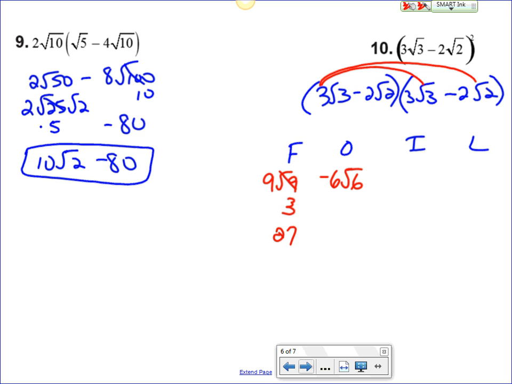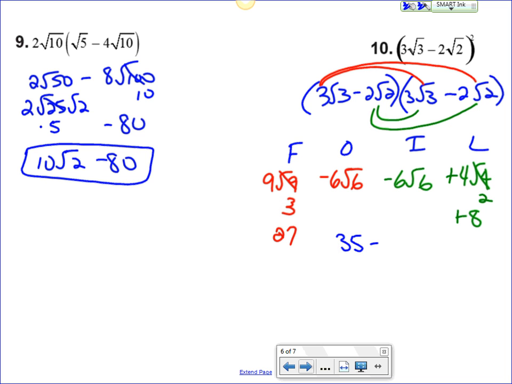Then I come to the inside term, which would be a negative 6 root 6 again. And then this one would be a positive 4 root 4, but root 4 is really 2, so it's really plus 8. So if I combine my like terms, my final answer would be 35 minus 12 root 6.